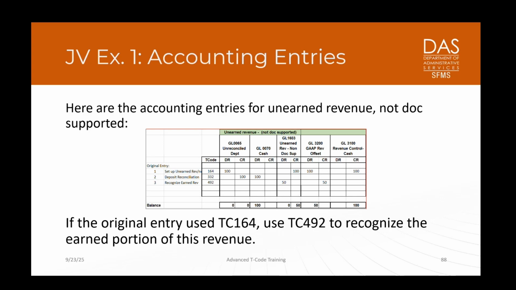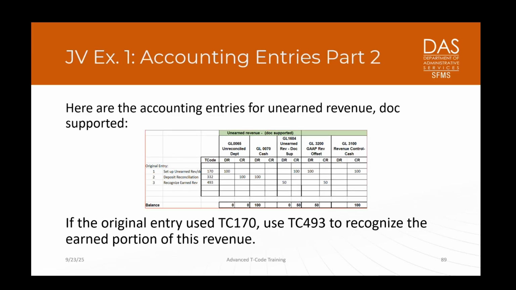Looks like T code 492 as recommended will work perfectly in this situation, because we'll debit GL 1603 unearned revenue and we'll credit GL 3200 GAAP revenue offset. So we will end up with the appropriate balances.